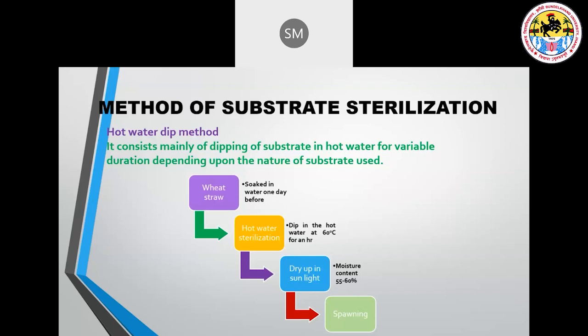So if your fist is still wet with water, it means you need to dry the substrate for a few more minutes. If your fist is dry, once you get this condition, it means your substrate is ready for spawning. So let me show you here. This is the fist, I took the substrate here, pressed it with my hand and released.